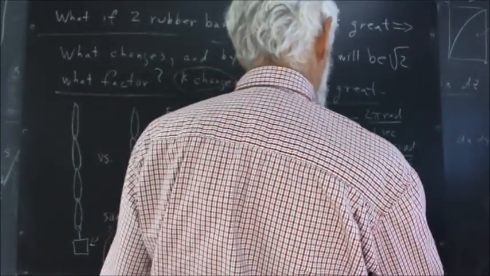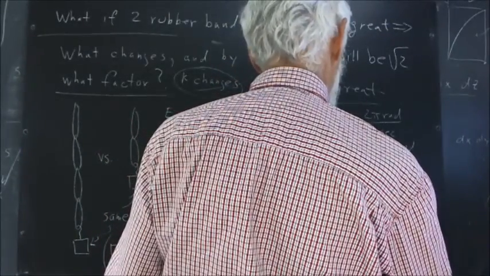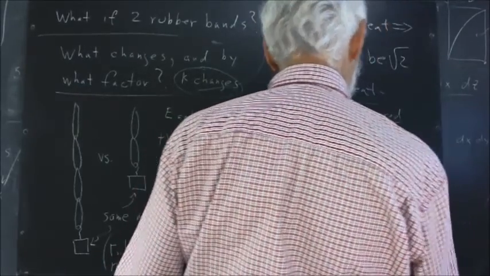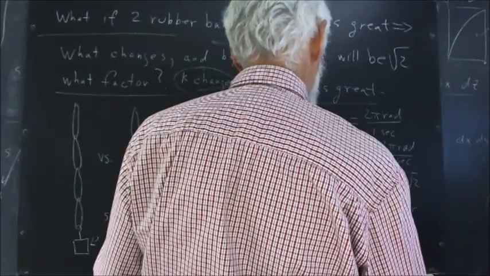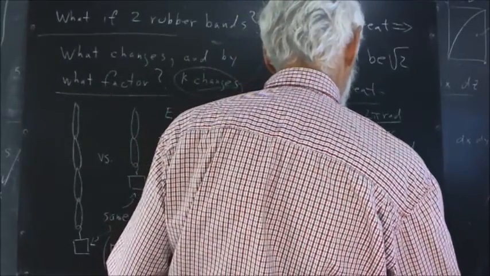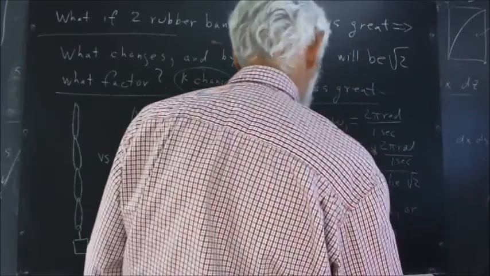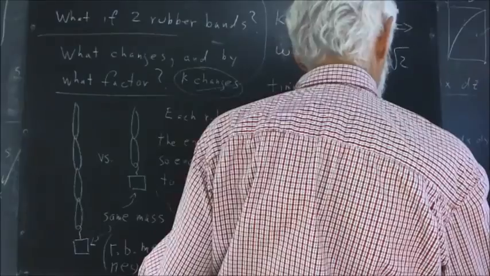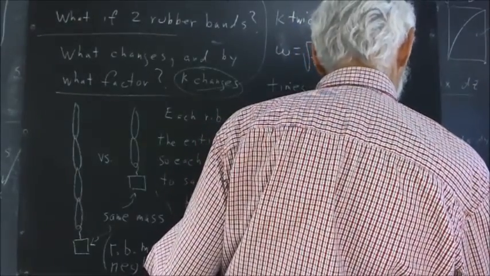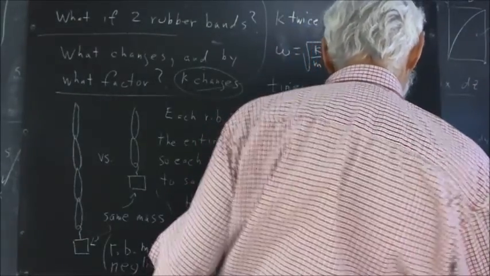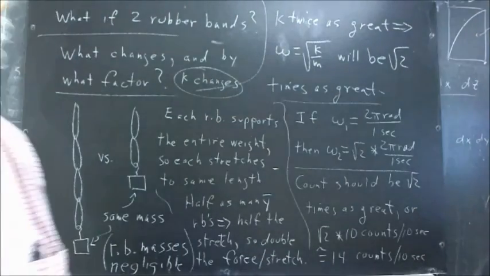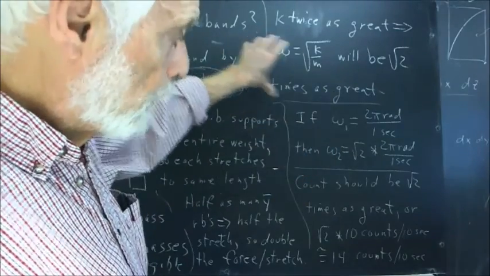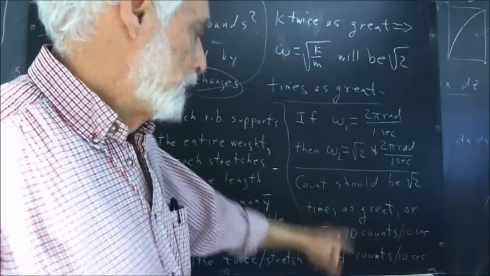Square root of 2 times 10 counts is then 14 counts. And the counts are in 10 seconds. So 10 counts per 10 seconds should give us 14 counts per 10 seconds. And that's exactly what we counted earlier. So the counts that I made on screen before and in this case give us the same thing.